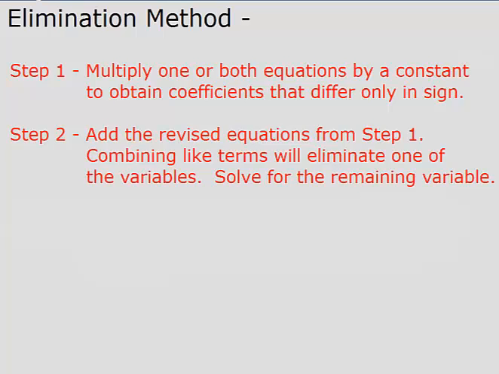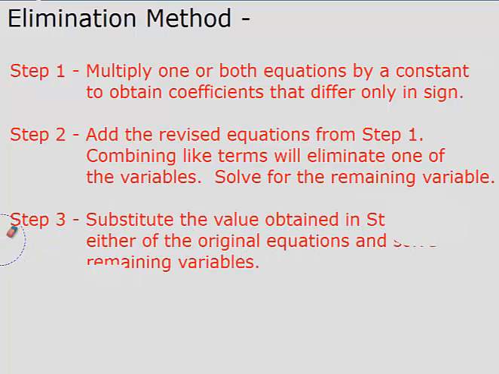We're going to combine our like terms, and because we have either the x or the y with the same coefficient but opposite signs, one of our variables is going to go away. So when we're done, we'd better be able to eliminate one of our variables. And then we're going to solve for the remaining variable because we'll only have one left, and we know how to solve that, right? And then once we have the one known variable, we substitute the value back in, just like we did before, to solve for the remaining variable.